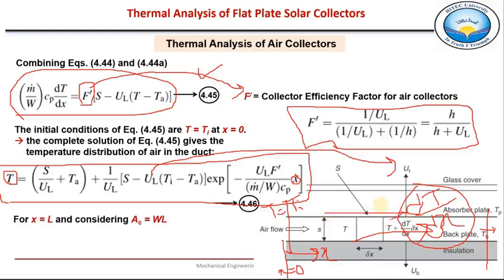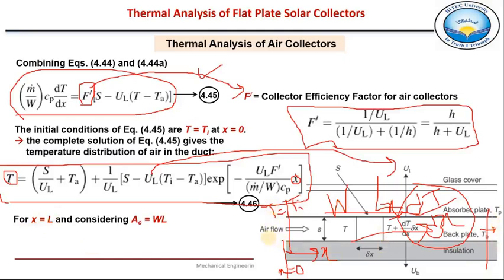So this is the x direction, and the total length in this direction is, for example, L, and in the direction into the slide, the width of the solar collector is given by W, right? So at x is equal to L, at the exit of the solar collector, what will be the area?